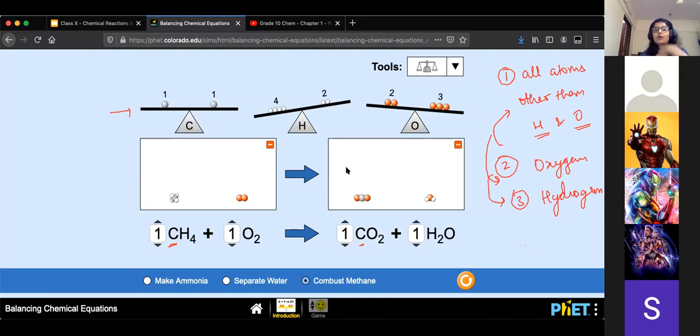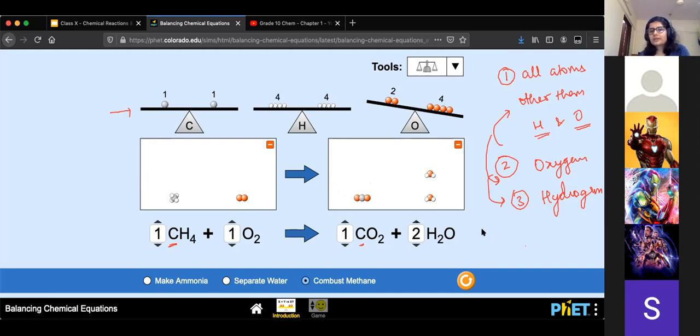To which molecule are you going to increase? H2O. H2O, correct. Now carbon is balanced, hydrogen is balanced, oxygen is not balanced.